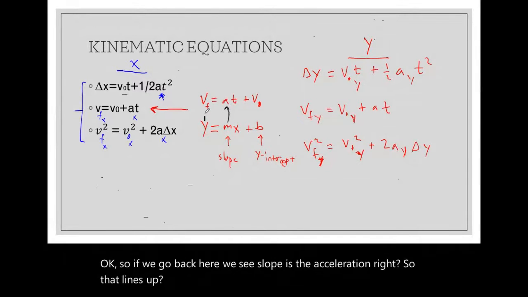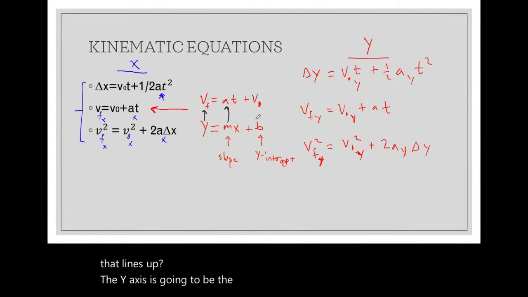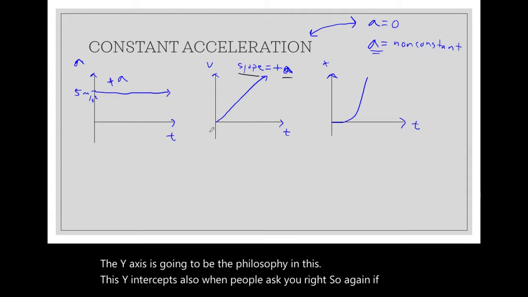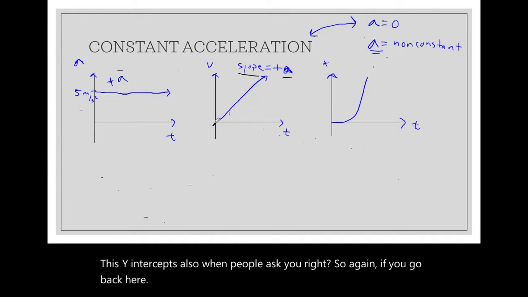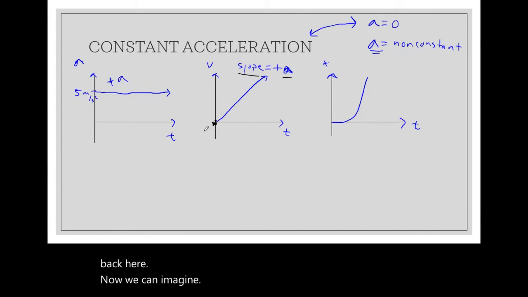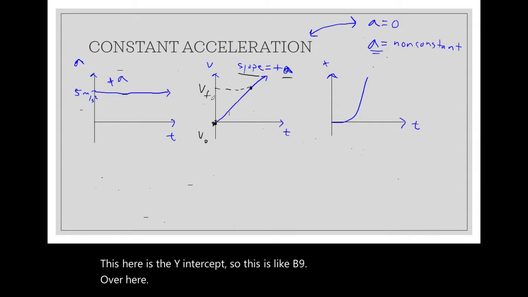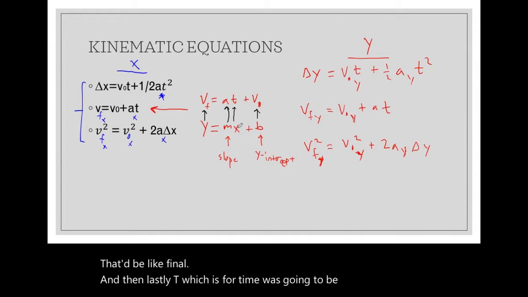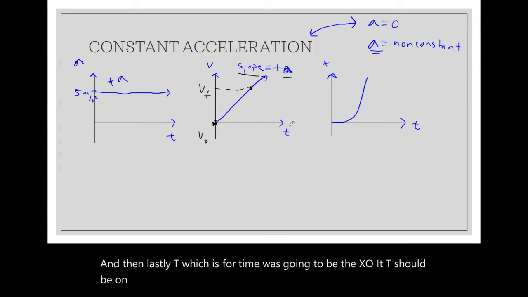The y-axis is going to be the velocity, and the y-intercept is also velocity. If we go back here, we can imagine this is the y-intercept, so this is v0, and over here that'd be v final. Lastly, t, for time, is the x, so t should be on the x-axis, which lines up here.